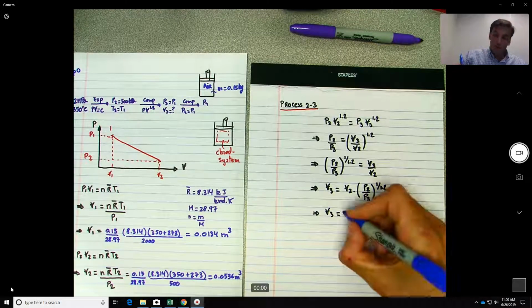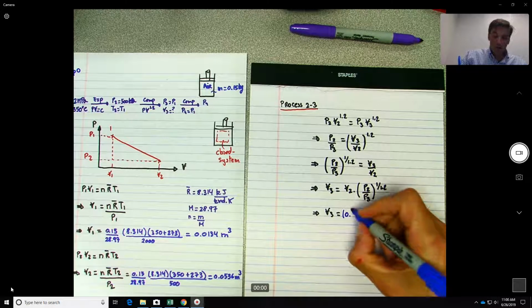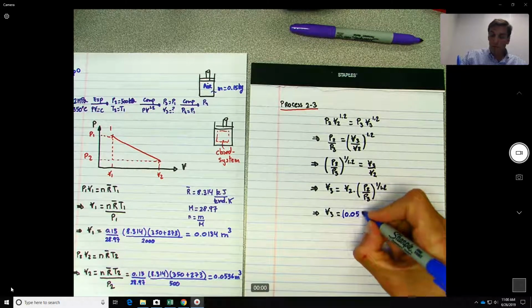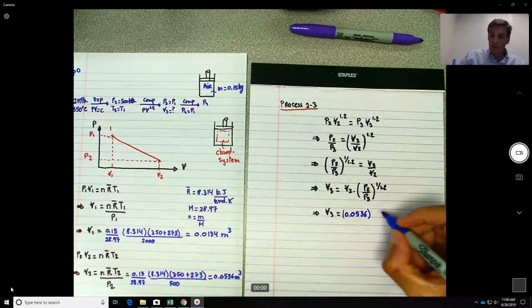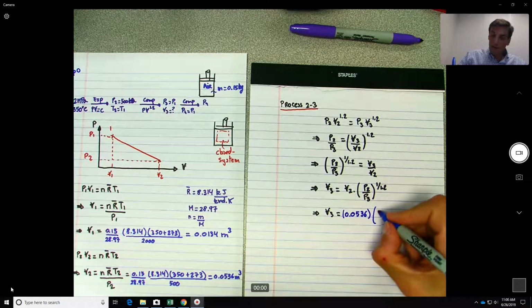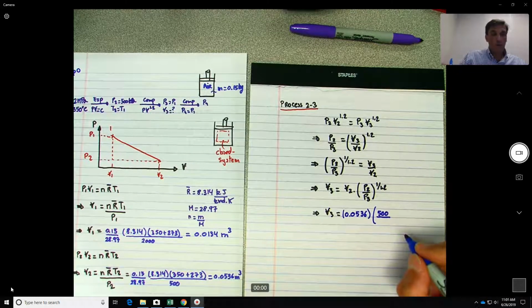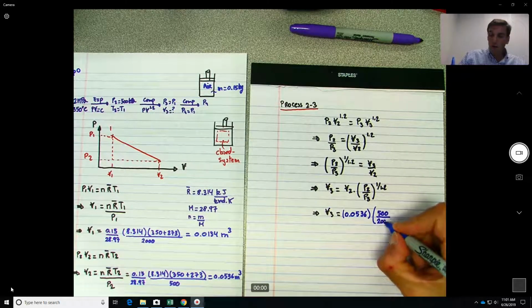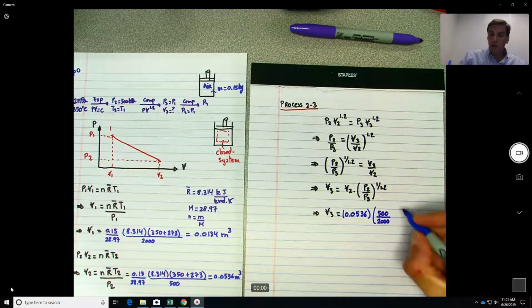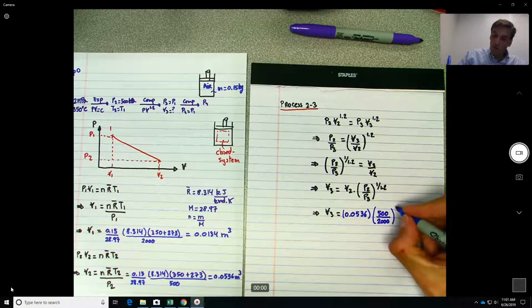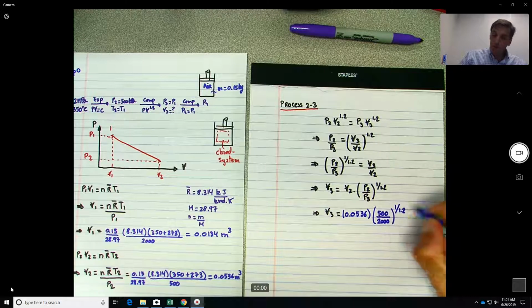So we know V2 to be equal to 0.0536. P2 is equal to 500. P3 equal to P1, so it will be 2000 kilopascals. Remember, this is the 2 megapascals, to the 1 divided by 1.2.